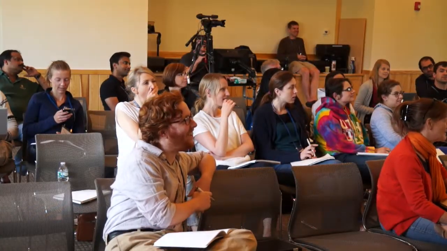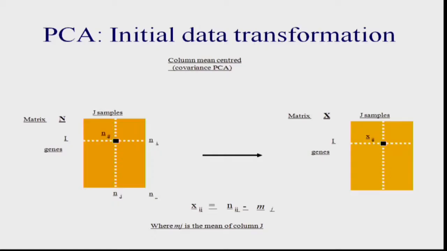Okay, so this is just showing you what the transformation is here in your column in PCA, your column mean centering of the covariance matrix. If you have a point in your matrix, this here is your point Nij, where you've got J samples and I genes. The sum of this row is Ni, the sum of this column is Nj, and this here is the sum of the total matrix.